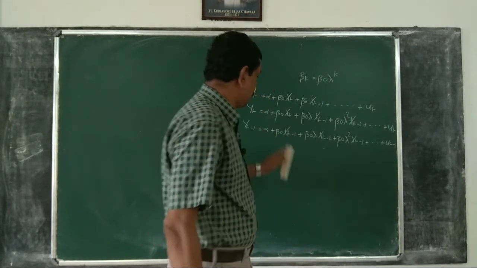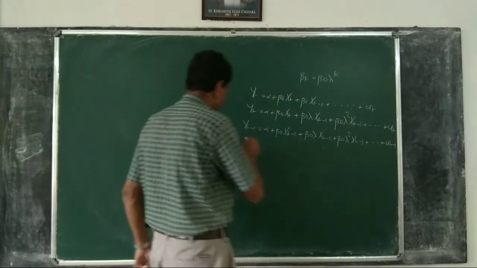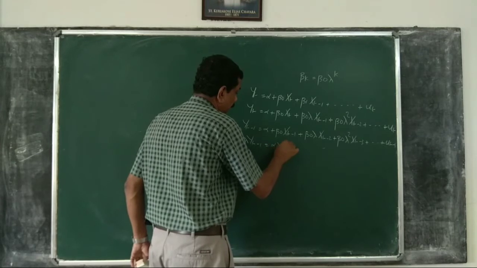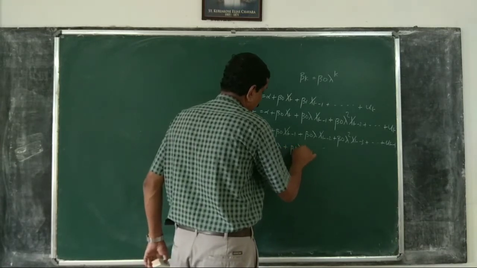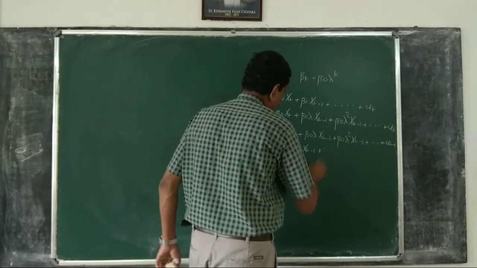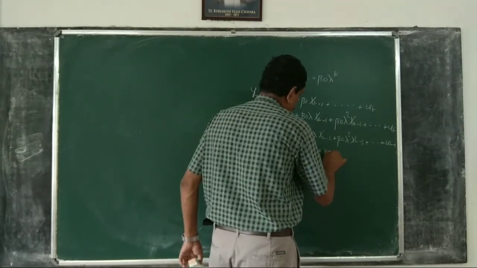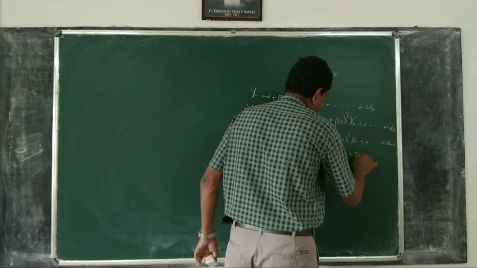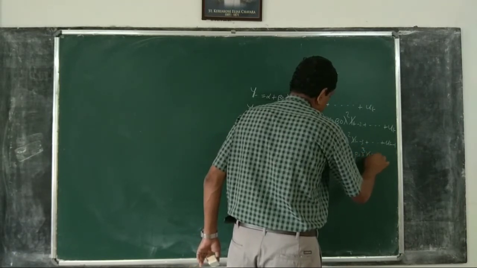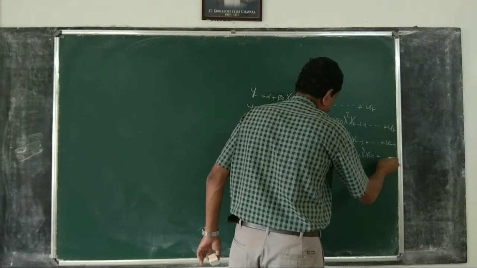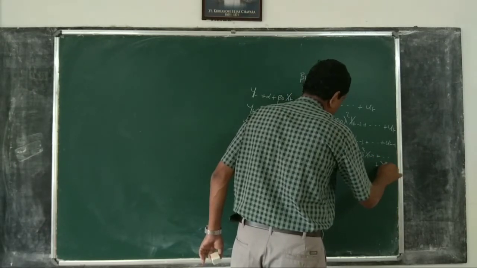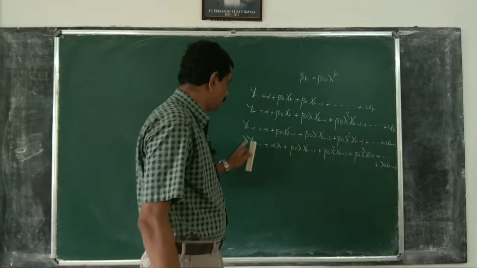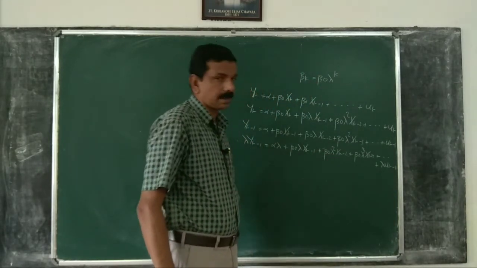Then we multiply this with lambda. So lambda yt minus 1 is equal to alpha lambda plus beta 0 lambda xt minus 1 plus beta 0 lambda square xt minus 2 plus beta 0 lambda cube xt minus 3 plus etc. plus lambda ut minus 1. We multiply throughout with lambda.